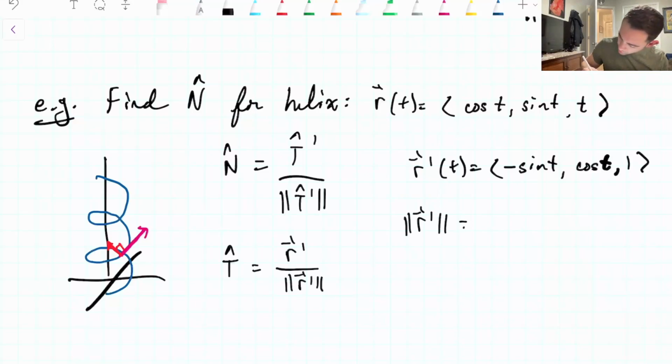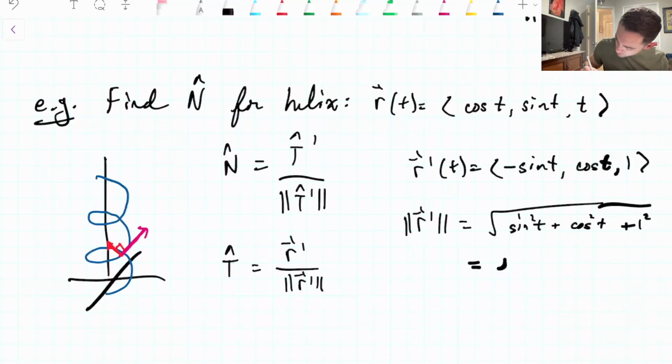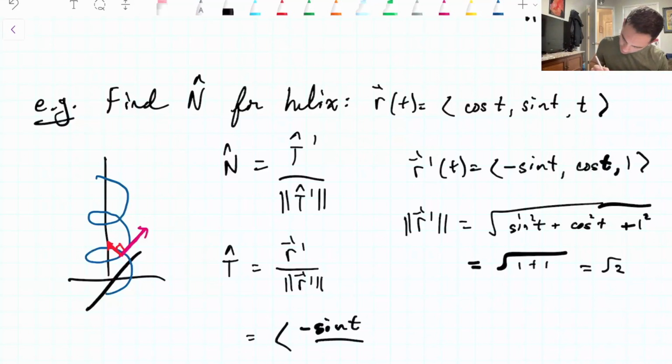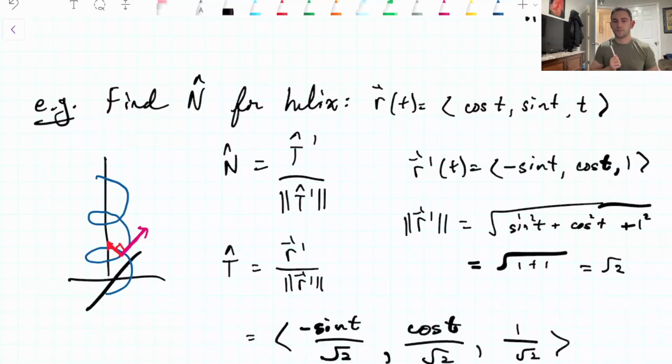So the norm of r prime will be square root of sine squared t plus cos squared t plus 1 squared, which looks to be the square root of 1 plus 1, which is indeed square root of 2. So t hat will be minus sine t over square root of 2, cos t over square root of 2, 1 over square root of 2.